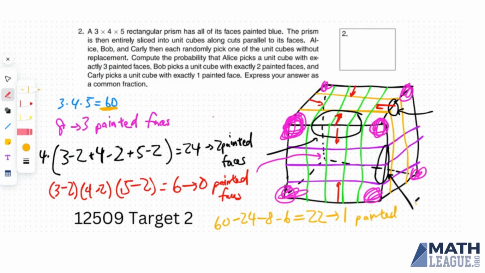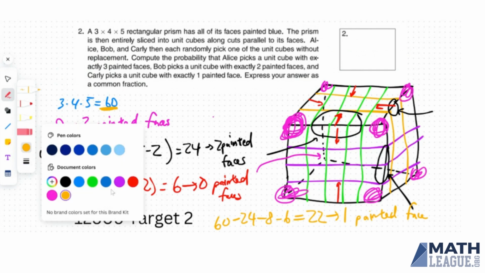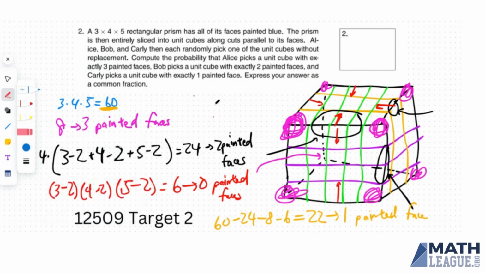Now, we need to find the probability that Alice gets 3 painted faces, Bob gets 2 painted faces, and Carly gets 1 painted face. At this point, it's just a multiplication because we're doing an "and" probability. Alice getting 3 painted faces is 8 out of 60. Given that, Bob needs to get one of the 2-painted-face cubes, of which there are 24, but since it's without replacement, there are only 59 left.